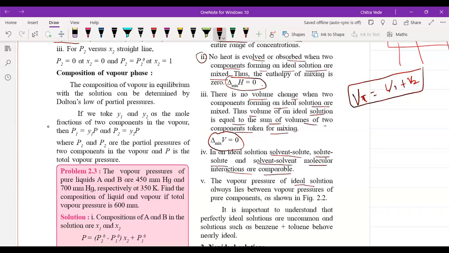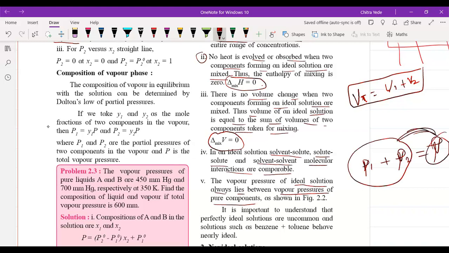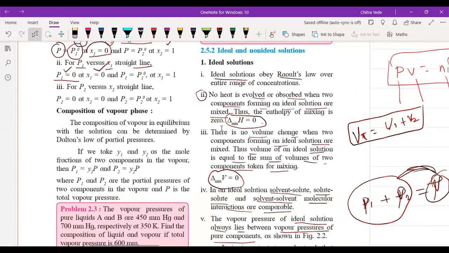The vapor pressure of the ideal solution always lies between the vapor pressures of the pure components, the solvent and the solute, P and P beta. It lies in between these only, and it is almost the same, not going to change much. So these are the conditions for an ideal solution.